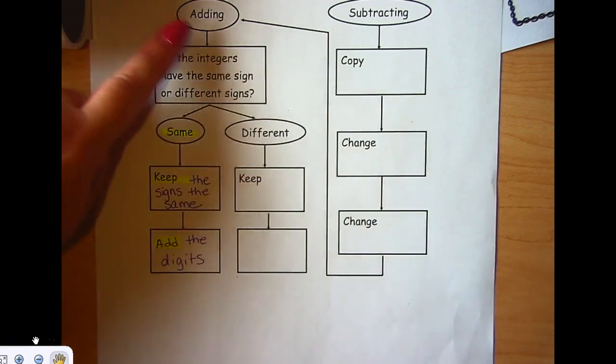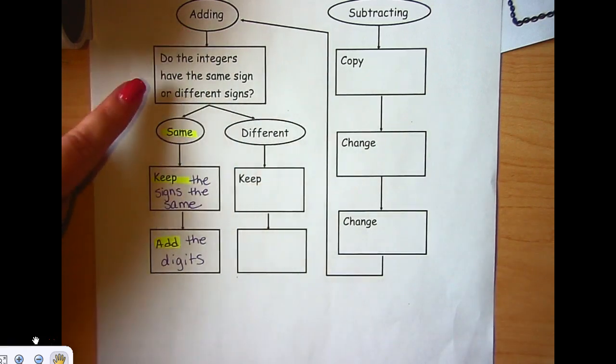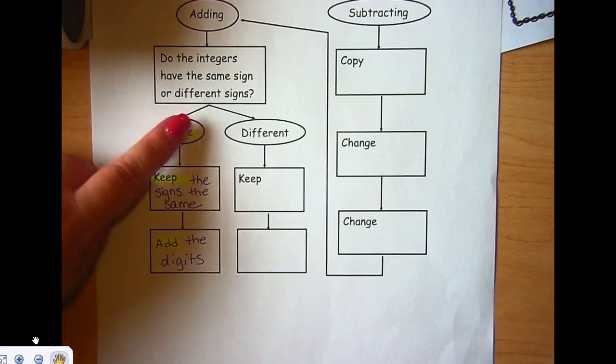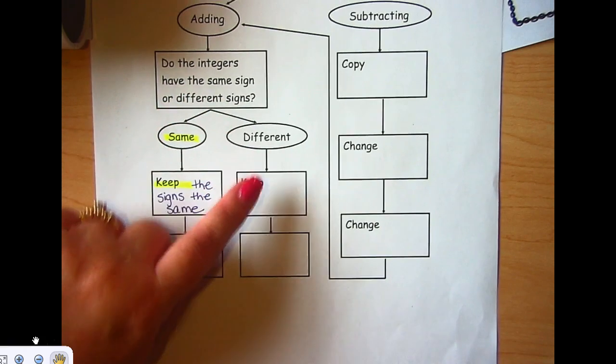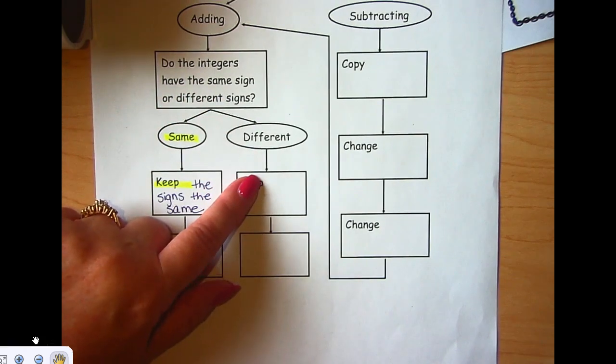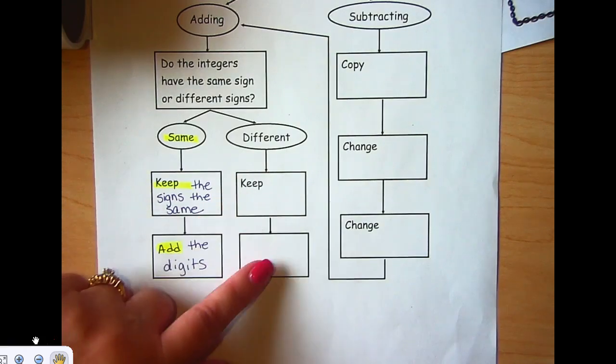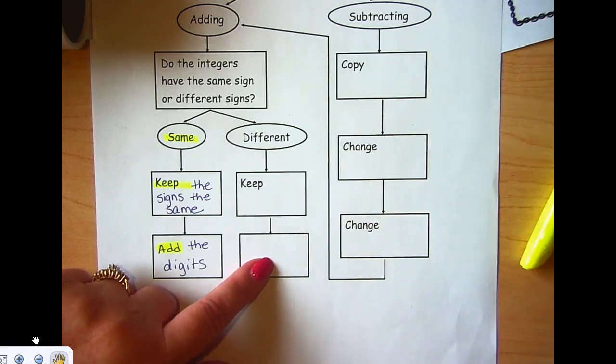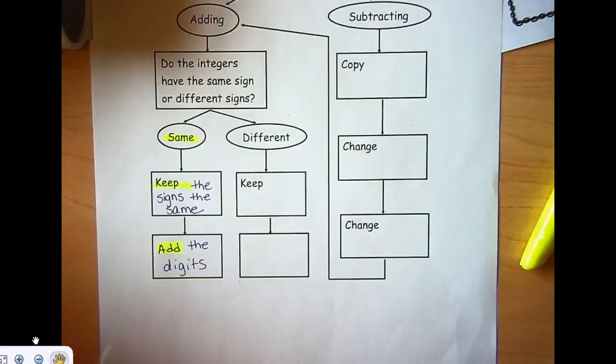All right, so if you're adding, and then you read the question, do they have the same sign or different signs? If they have different signs, you're going to keep the sign of the integer with the greatest absolute value, and you subtract. So if they're different, I'm going to use a different color.